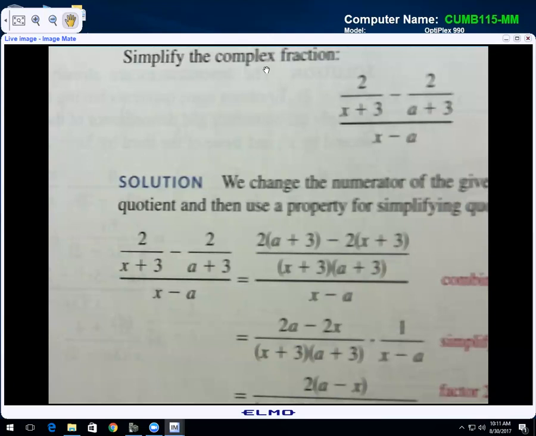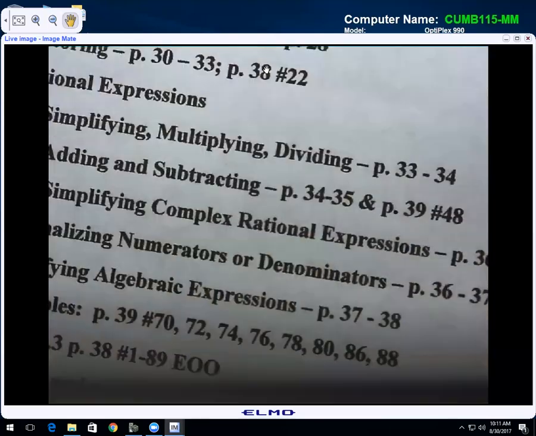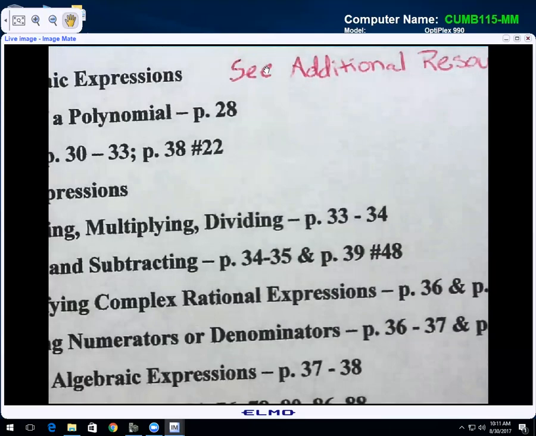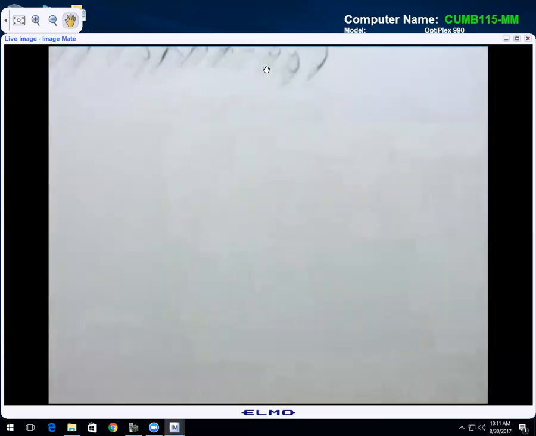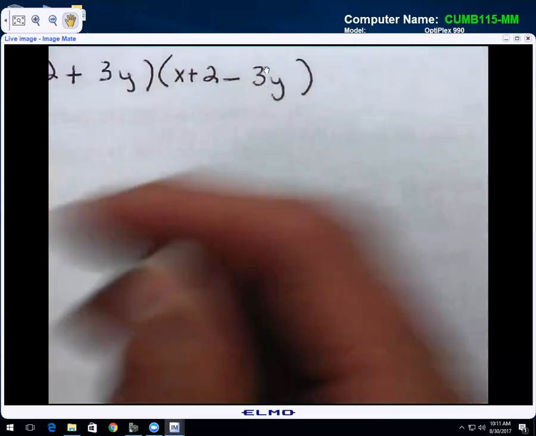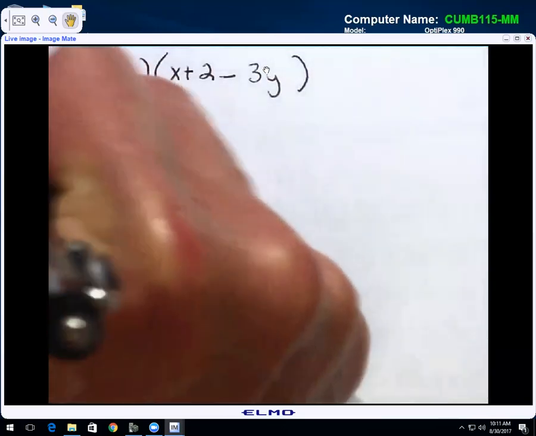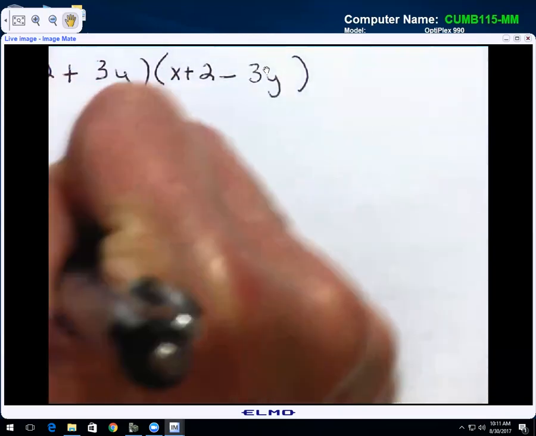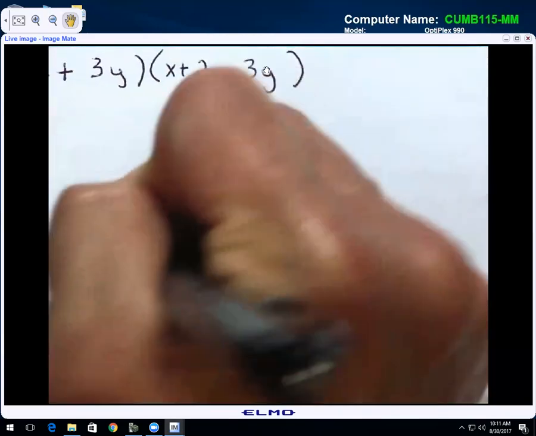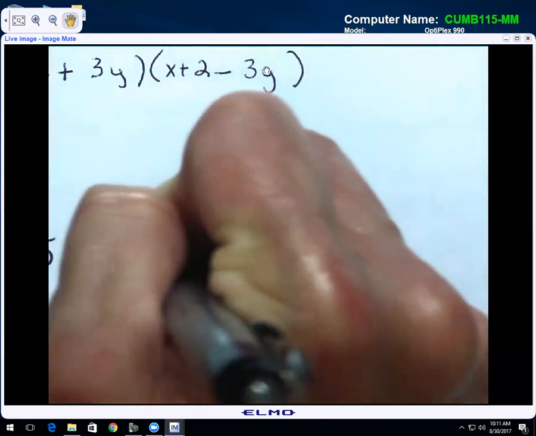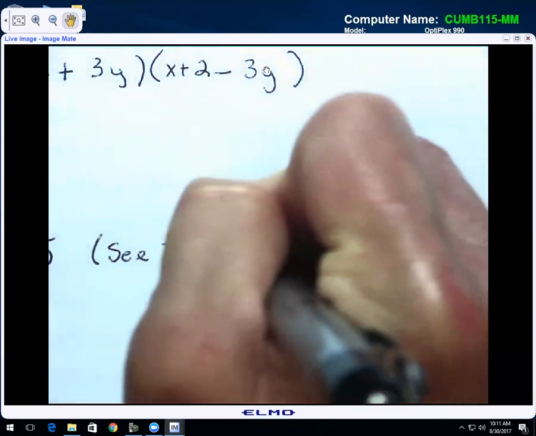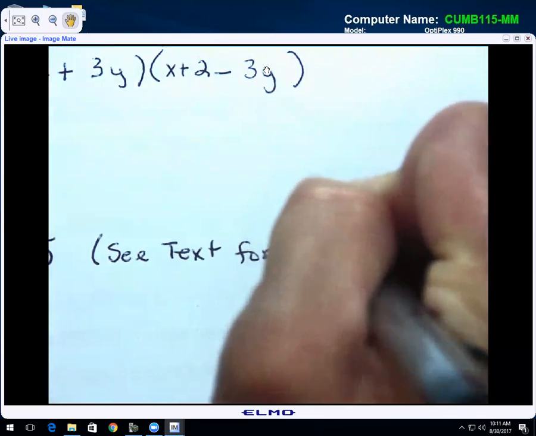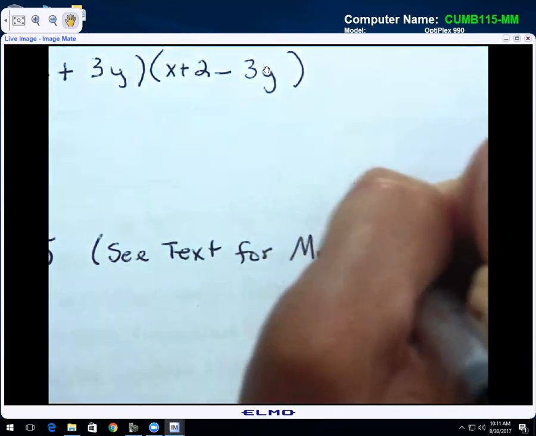Actually, even though it takes a minute, I think it's worth showing you that way. Page 36, example 5. I'm going to say see text for method 1, and then I'm going to show you method 2.